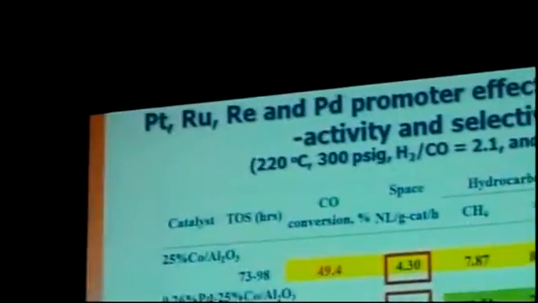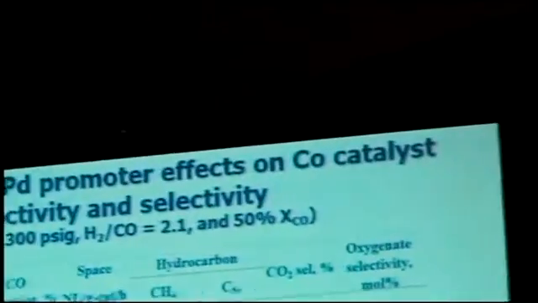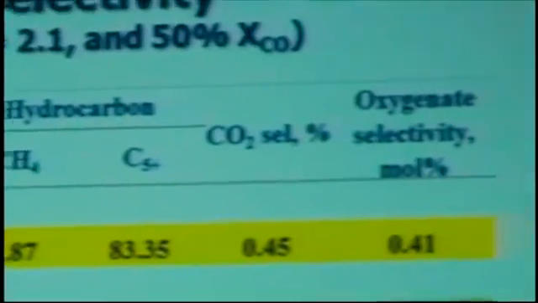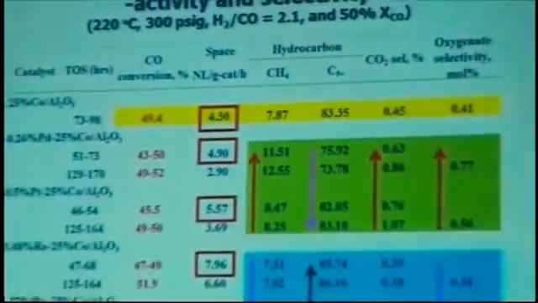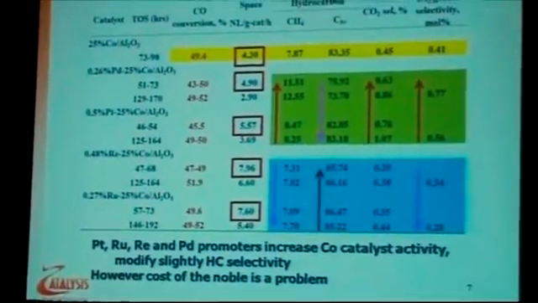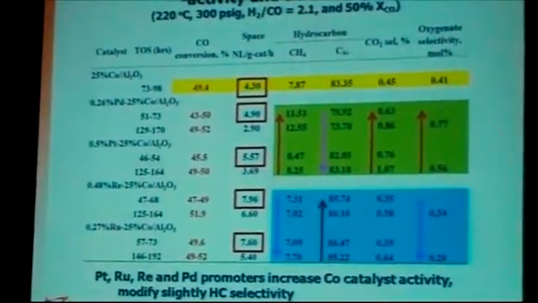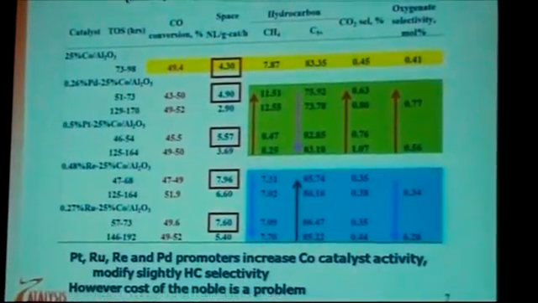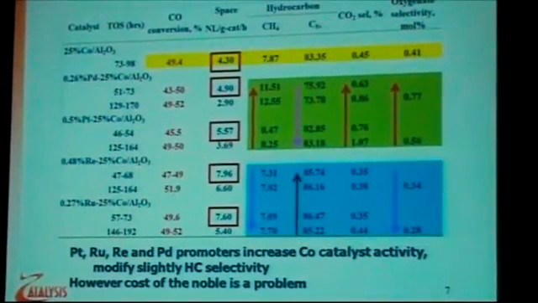So this is an example of the effect of noble metal promoters on the cobalt catalyst activity and selectivity. In this table, we can see the working catalysts, which is 20% cobalt on alumina, unpromoted, and we also have palladium, platinum, rhenium and ruthenium promoted catalysts.